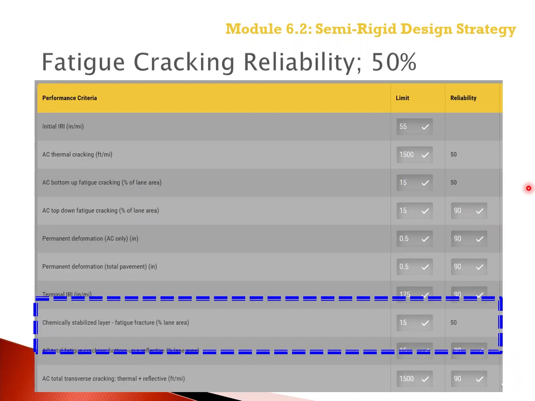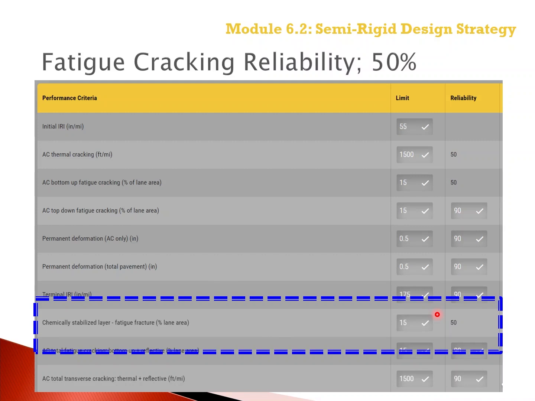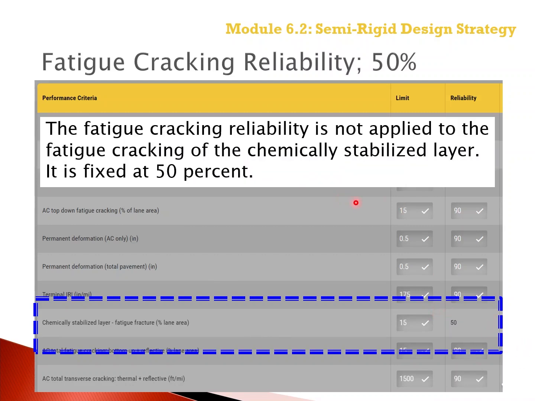So now let's come back to the fatigue cracking reliability. For the chemically stabilized layer, the fatigue fracture, what is the reliability? Again, remember it's set at 50%. You can't change that as a user. So the fatigue cracking reliability is not applied to the fatigue cracking of the chemically stabilized layer.